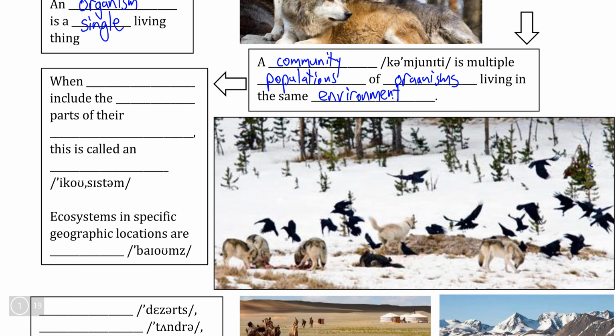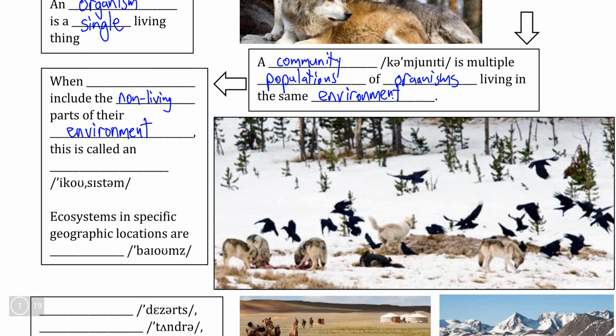However, ecologists are still not satisfied with this, because a community does not include the non-living parts of the environment in which all of these communities or all of these separate populations are living.